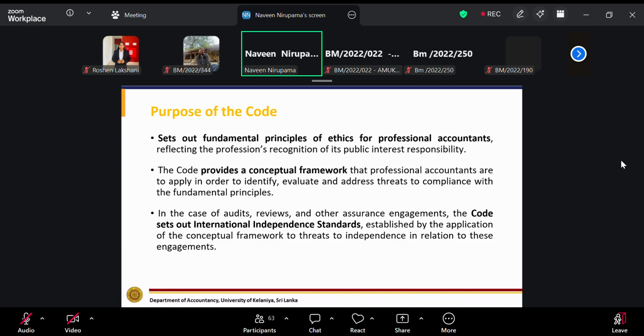Then the code of ethics is set out by the international independence standards. As per the international independence standards, they should follow to overcome the threats arising from the review and the engagement. This is the purpose of developing the codes, which the professional accountant should follow.